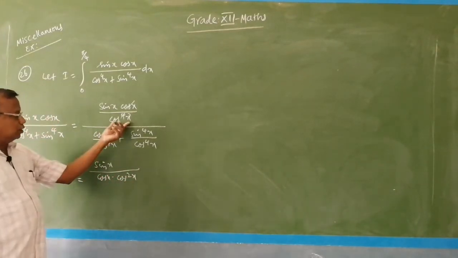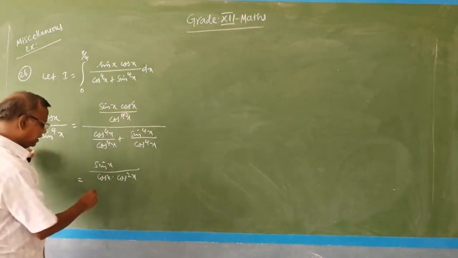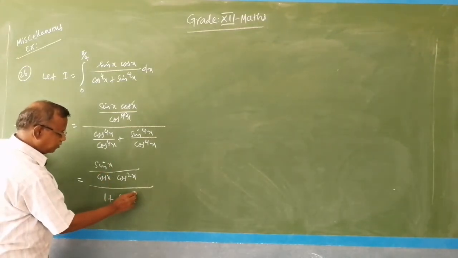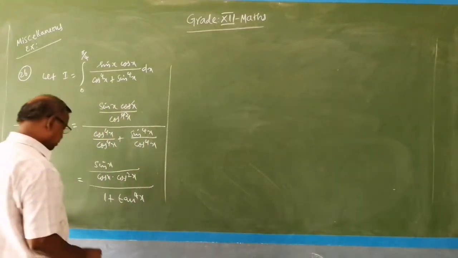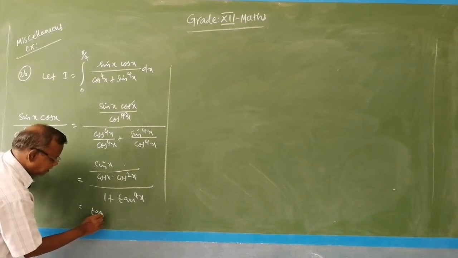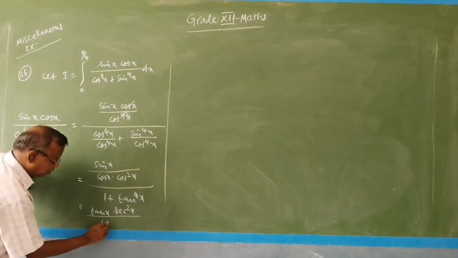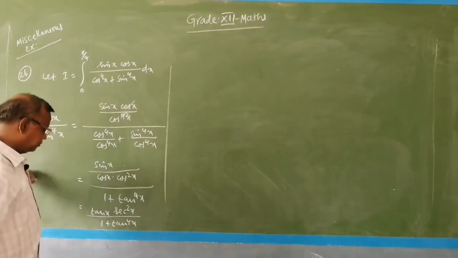Here we have cos cube x, which can be written as cos x into cos square x. The denominator is 1 plus tan power 4x. Now this is equal to tan x into secant square x whole divided by 1 plus tan power 4x.